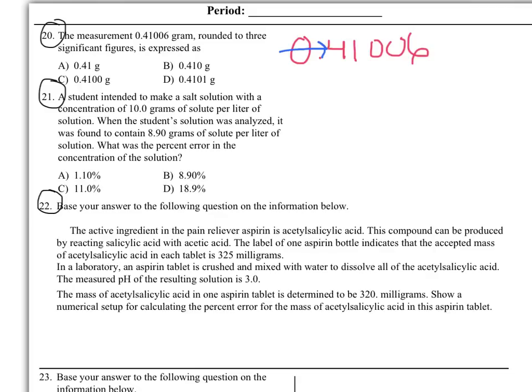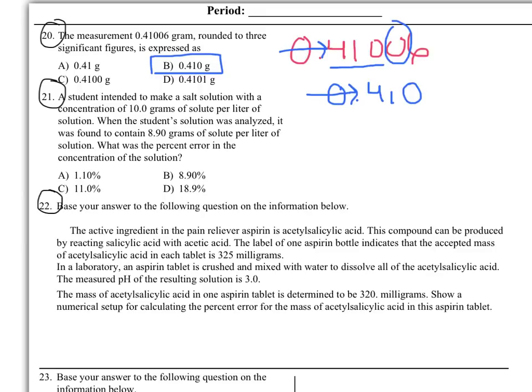If I only want 3 significant digits, I'll underline the digits and circle the next digit that will determine whether I stay at this number or round up. Since this digit is a 0, I'm going to stay at this digit. So this number would be written as 0.410. This number only has 3 significant digits. Choice B is our best choice.